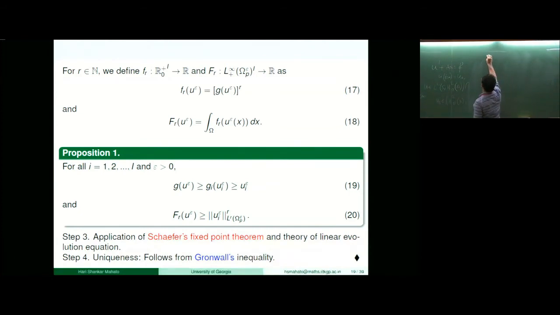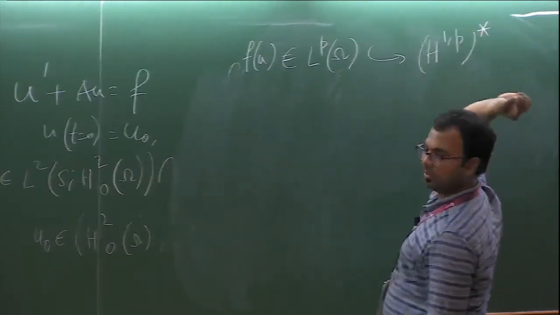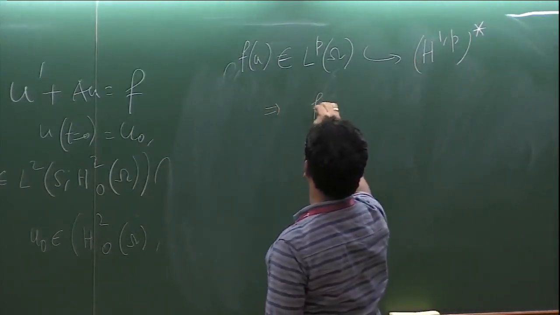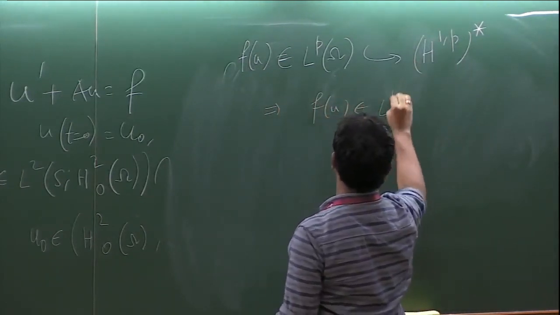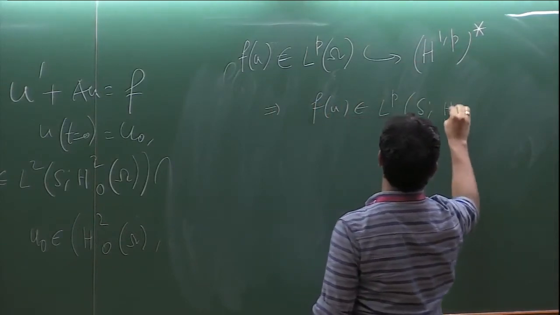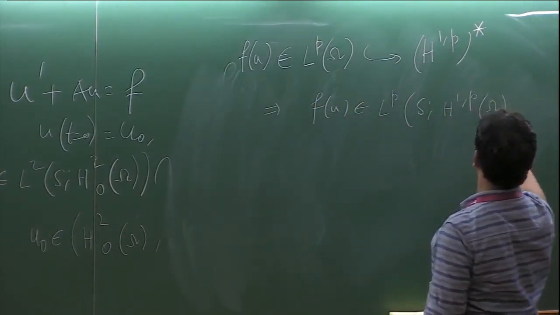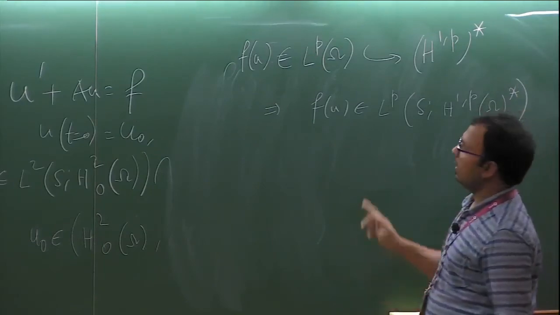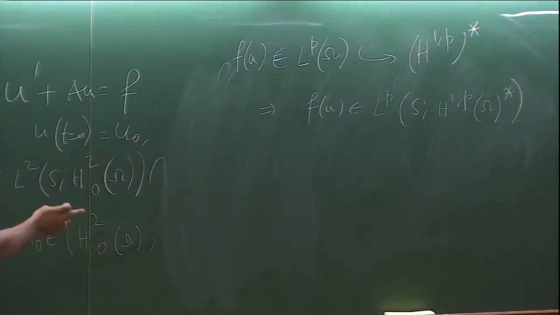If our right-hand side, which I'm denoting by F of u, not FR of u, is in some LP space, then we know that LP is embedded in H1 P dual. So from here we can write that F of u is in some LP of H1 P dual, and that means our F is in LP of H1 P dual, and u0 is assumed to be in a real interpolation space.